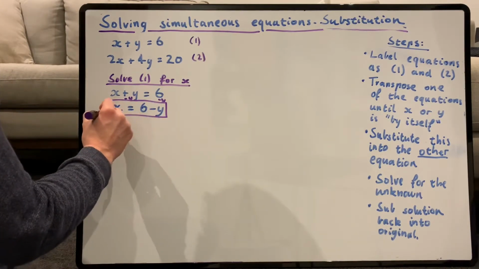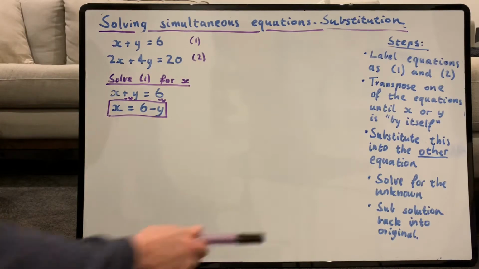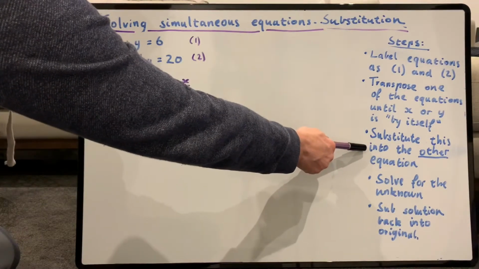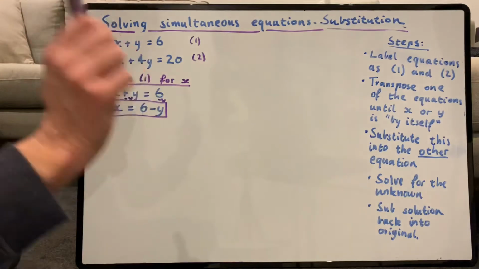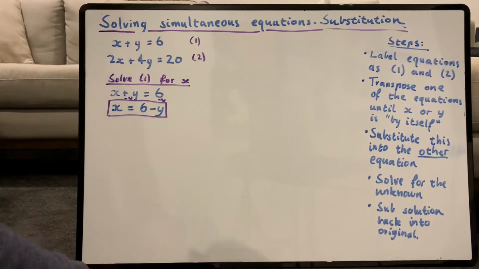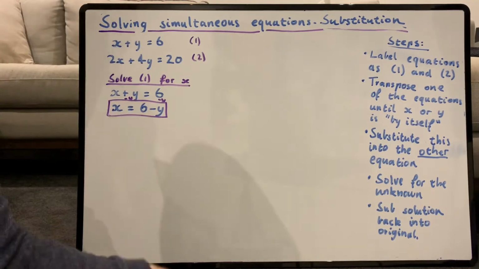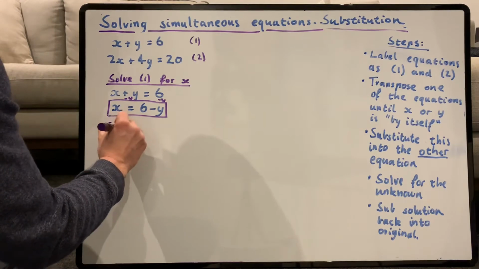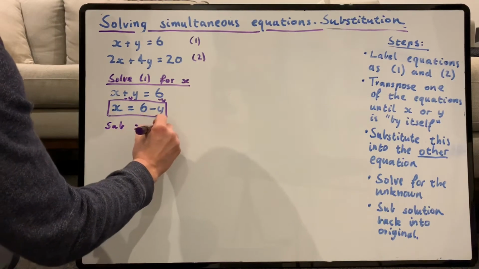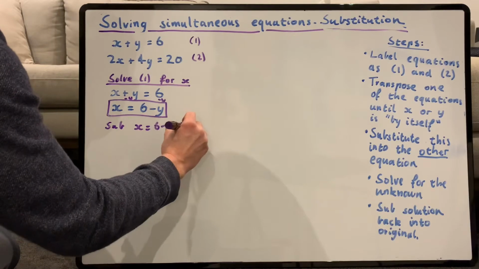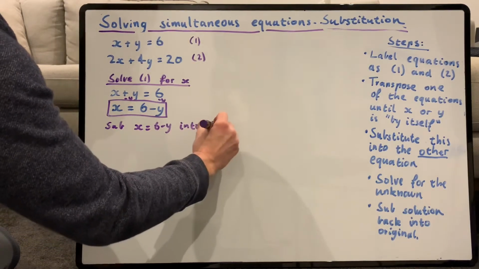This is our solution. Now, we're going to substitute this into the other equation. Has to be the other one. That's very, very important. So we're going to sub x equals 6 minus y into 2.